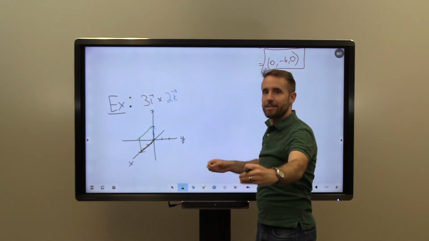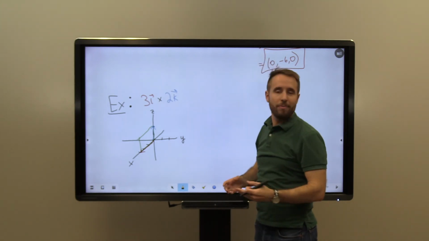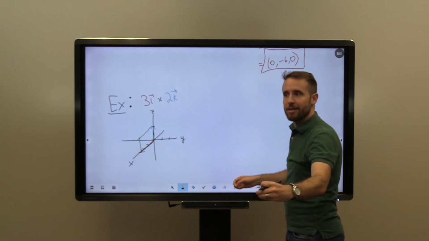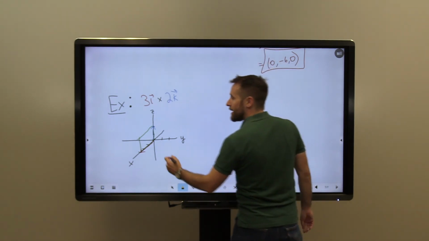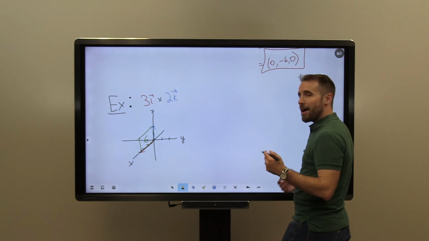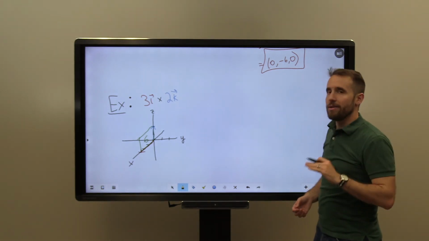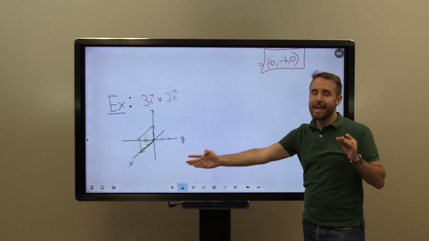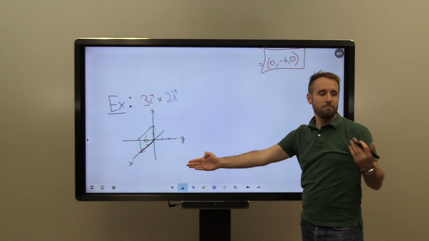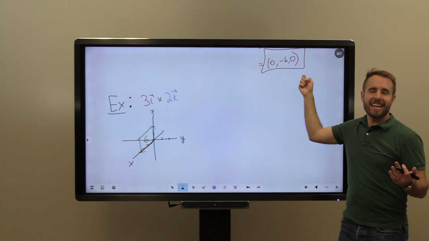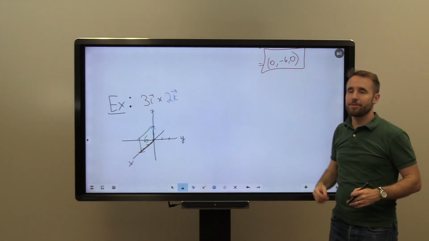So it is in fact a rectangle, like the wall of a house. That rectangle has a base of 3, a height of 2, and so its area is 6. And so our answer is going to be a vector that points in the negative y direction and has 6 units of length. In other words, we're back to negative 6j as our answer.